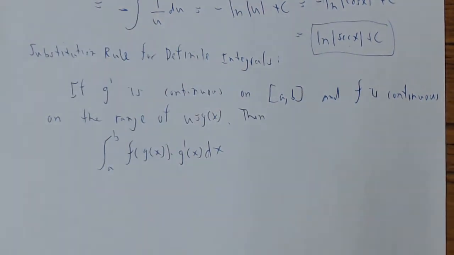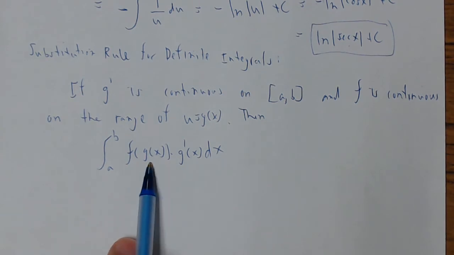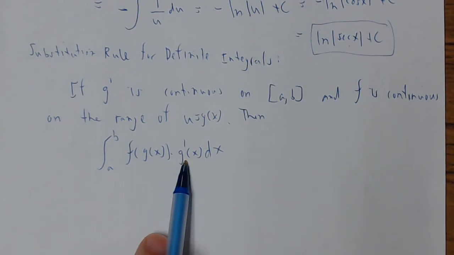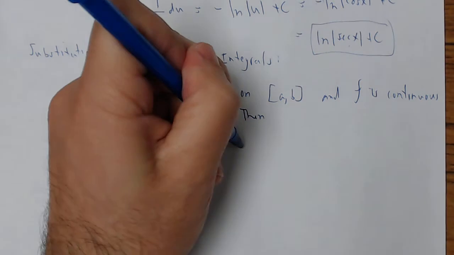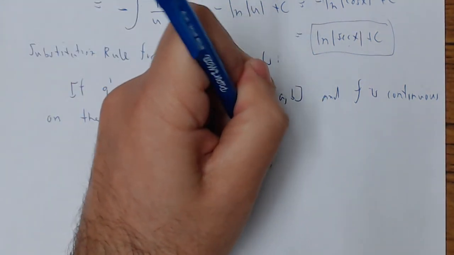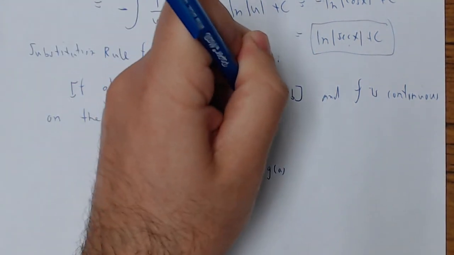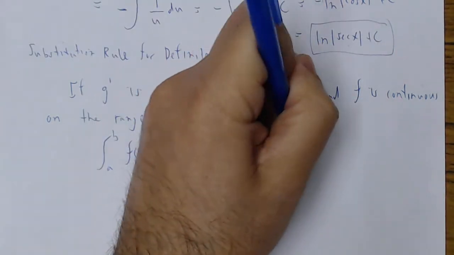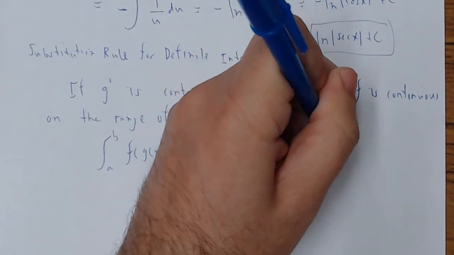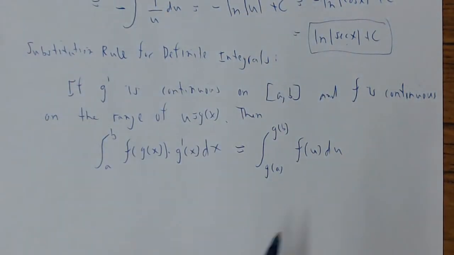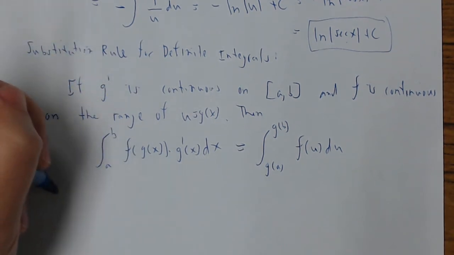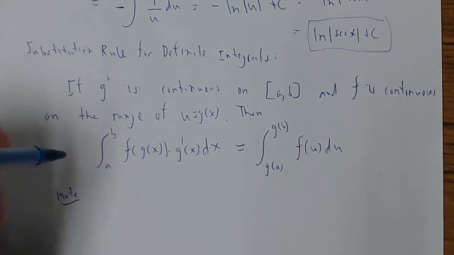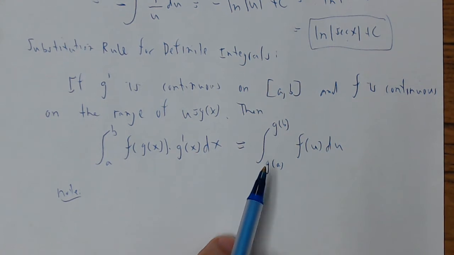So we're still going to use substitution, the u sub. g is going to turn into u. g prime x dx is going to become du, but this becomes the integral from g of a to g of b of f of u du. So the process is the same, but one comment I want to make here that's different is, of course, notice how the lower and upper limits are changing.